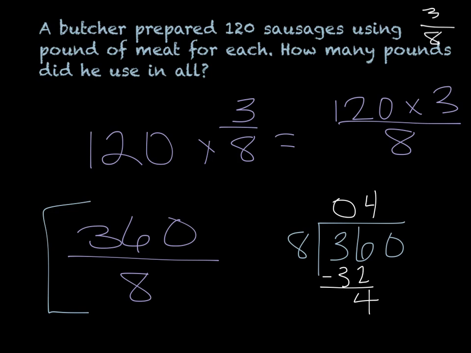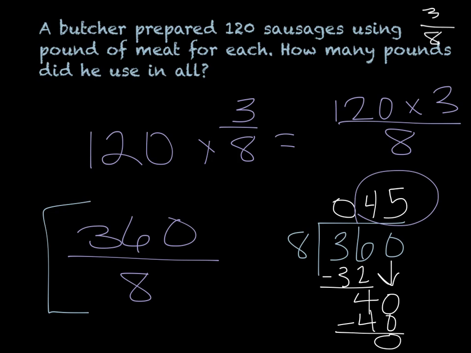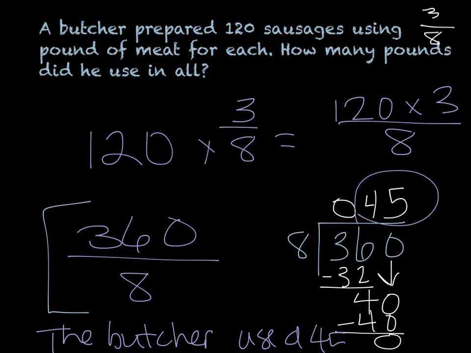We subtract to get 4 and bring down our 0. 8 can go into 40 5 times to get 40, and we subtract to get 0. Because we don't have a remainder, we know that our answer is going to be a whole number. So we would have 45. So our sentence would be, the butcher used 45 pounds in all.